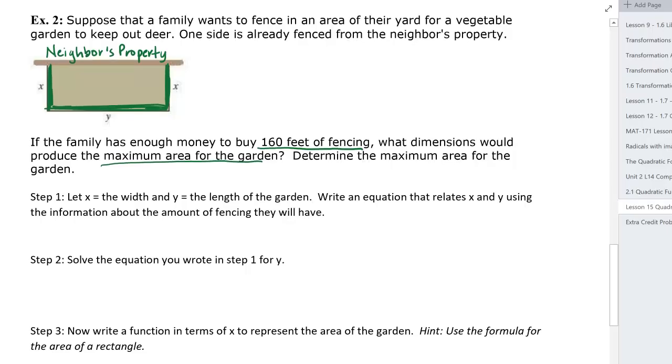So in step 1, again, we're going to assign variables, and we already have them assigned up here in the illustration. So x is the width, and y is the length of the garden.